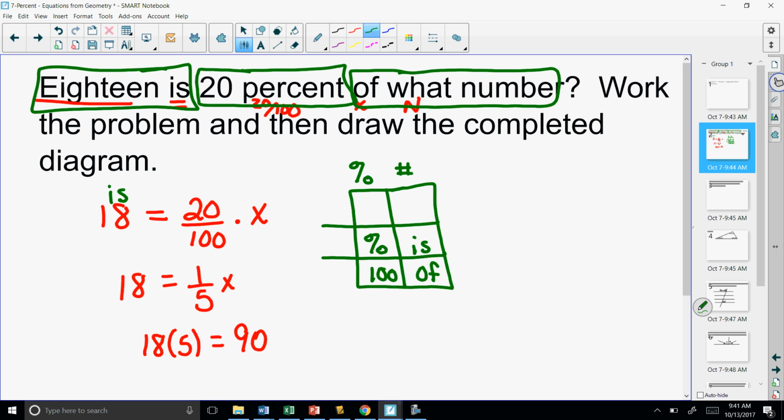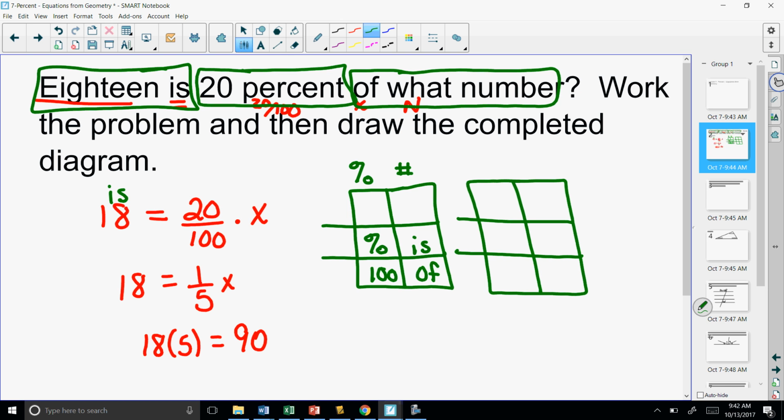So I go back up to what I have boxed in green in the equation, and I can set up this problem quite easily, and then it's just a cross multiply and divide problem. I read it, it says 18 is, so that goes in my is box. 20%, so there's my percent, this is always going to be 100, and then it says of what number, so my of box is what I'm looking for. How do I solve?